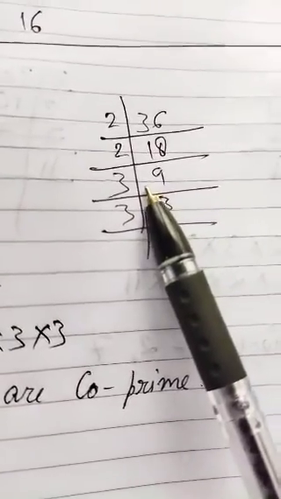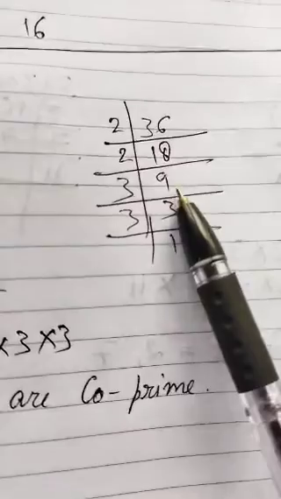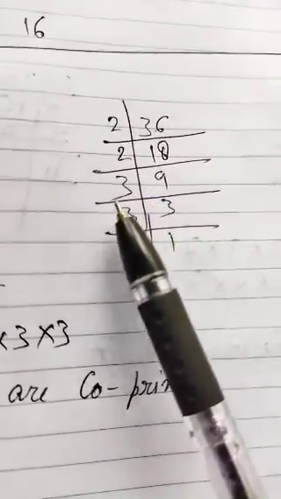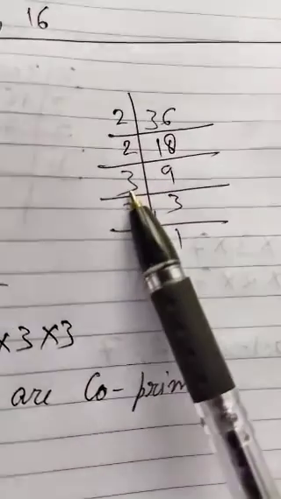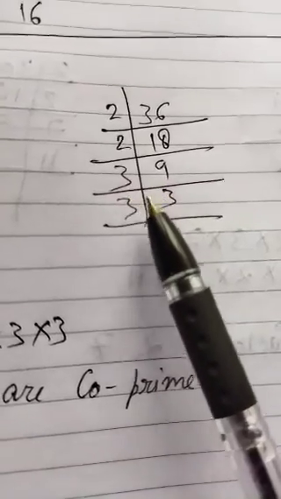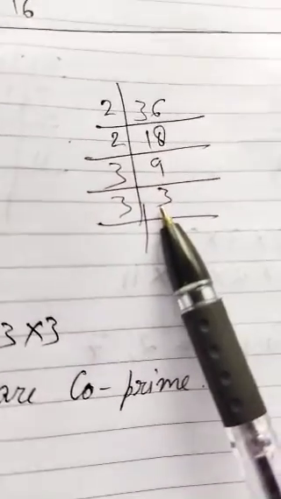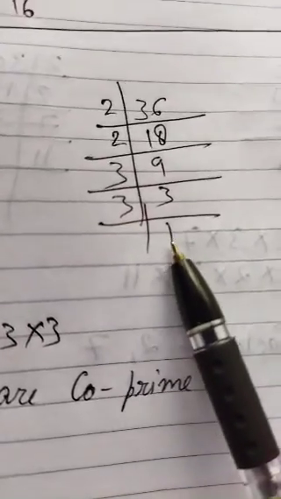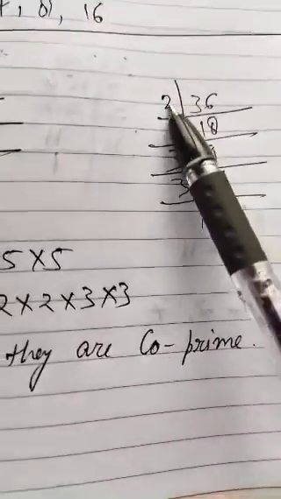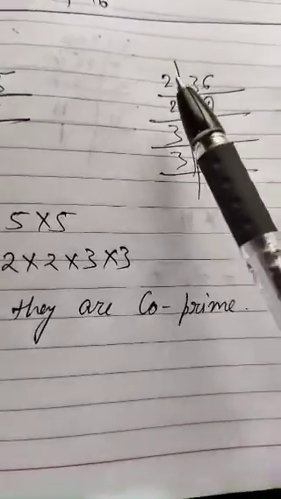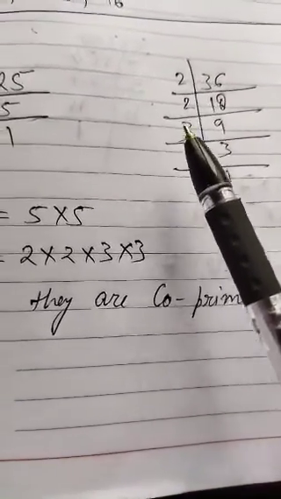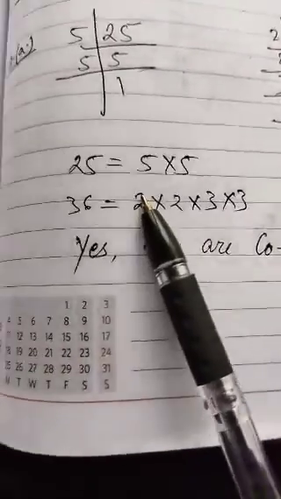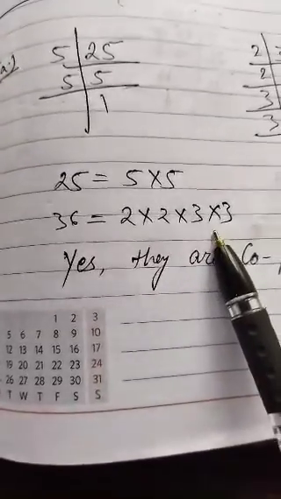Now the next number is 3. 9 is easily divisible by 3. So we will write 3 here and divide 9. We will get the answer 3. Now again 3 is divided by 3 itself. So after dividing we will get 1. So these are the factors of 36: 2 into 2 into 3 into 3.